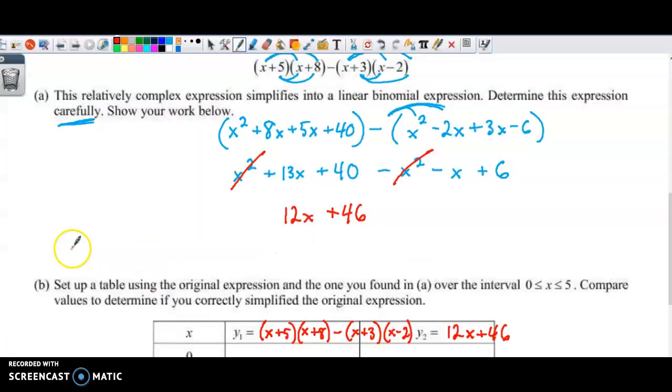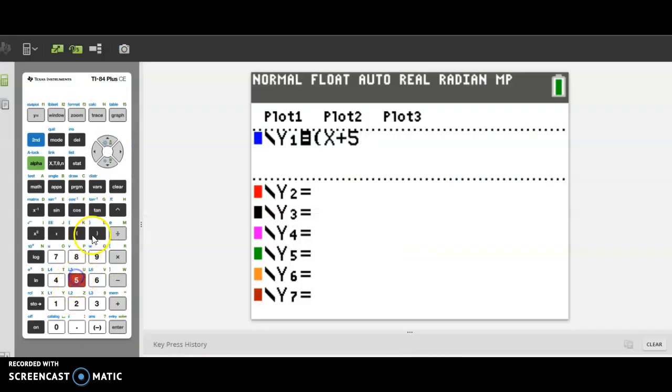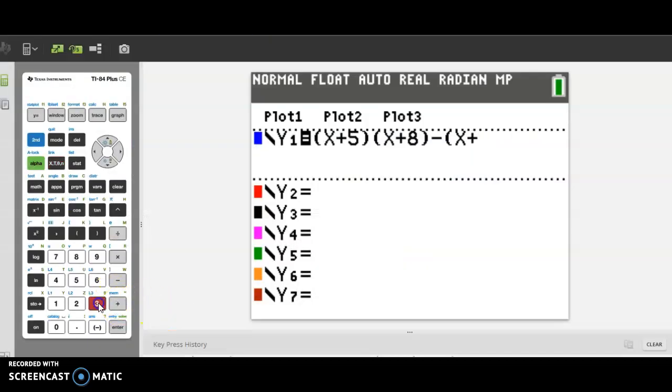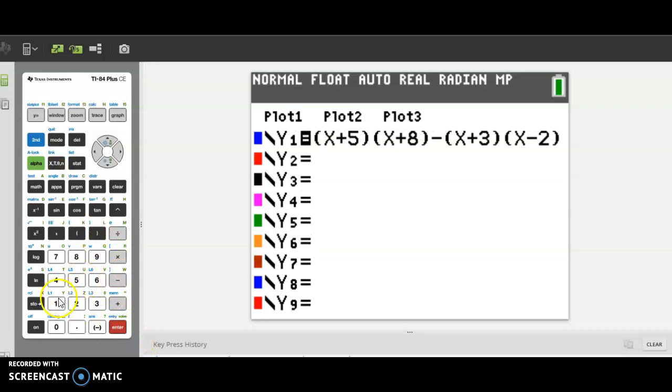X plus 5, x plus 8, minus x plus 3 minus 2, and then my other answer of 12x plus 46.